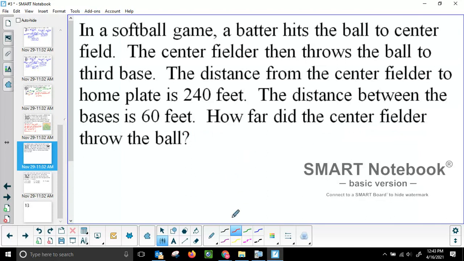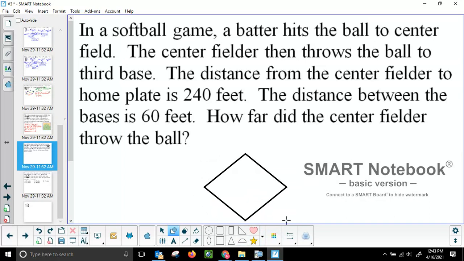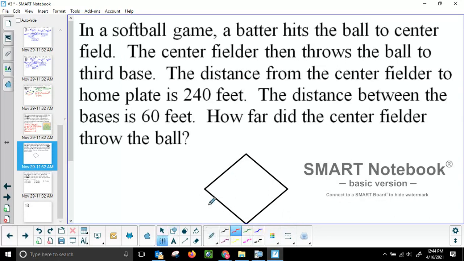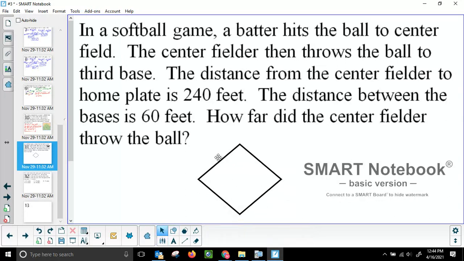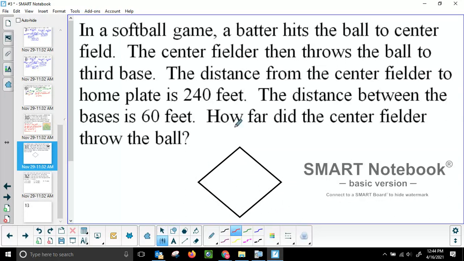Basically we have a diamond, which actually is a square, but just off to the side. I want this to be as identical as possible here. So the center fielder, of course, is out here somewhere, and he throws the ball to third base.